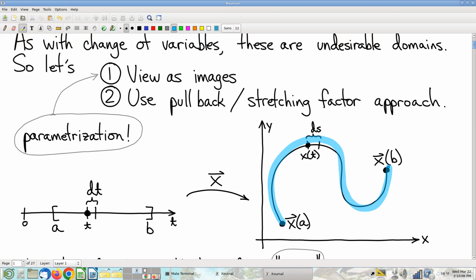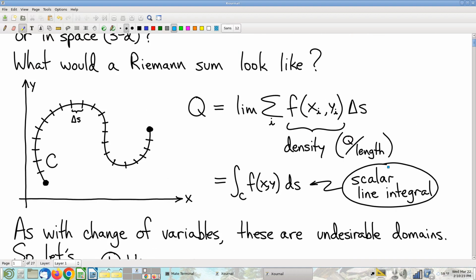Okay. Well, what have we done in the past when we've had undesirable domains? Oh, yeah, you have a question. Yeah, I just have a question. Is the density function based off the length of the curve, or is it based off just the x or y? It's based off of length. That's a good question. This thing that I'm calling a density is always quantity per unit length, and specifically it's that little length right there.